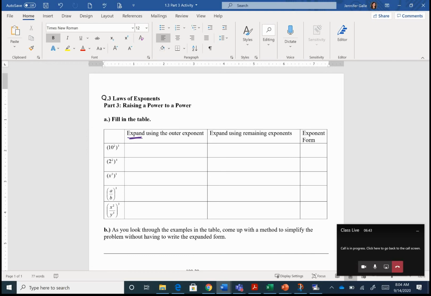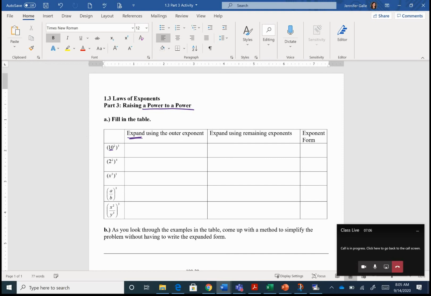Okay, so this one looks a little different though, because it's called raising a power to a power. So notice, remember, a power is base and exponent together. So 10 to the second power is one power, and then we raise it to another one.